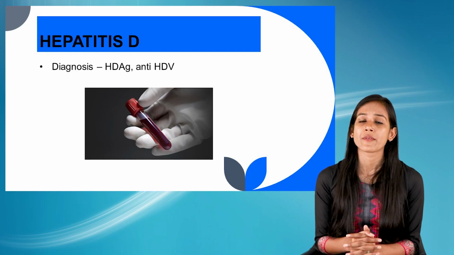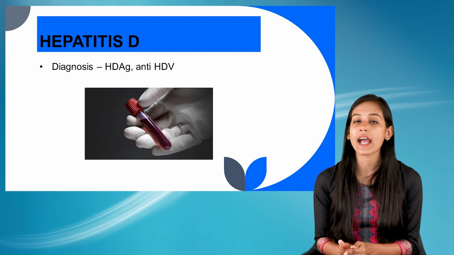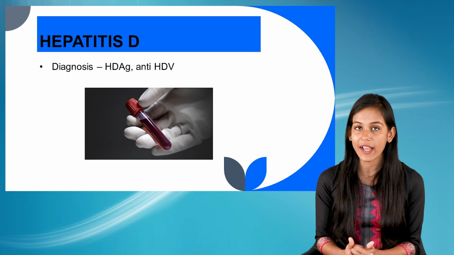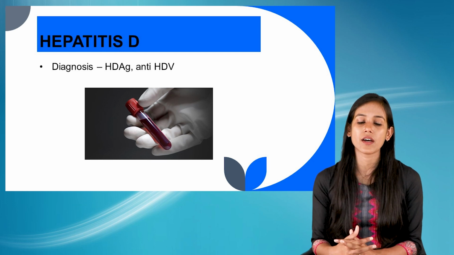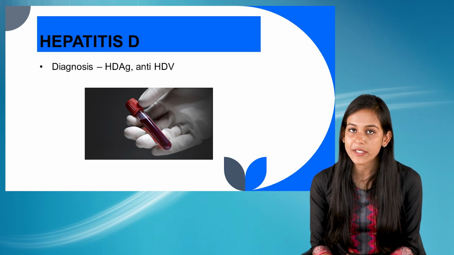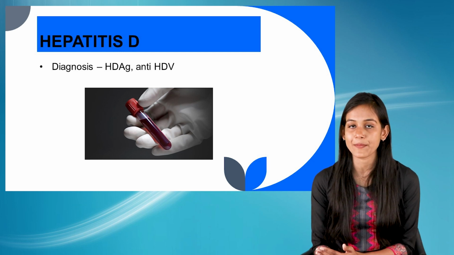Again, here also we can see acute cases and chronic cases, and we can make the diagnosis based on hepatitis D antigen and anti-hepatitis D virus, right? So the treatments would be supportive treatment, and again we have hepatitis B vaccine, right?